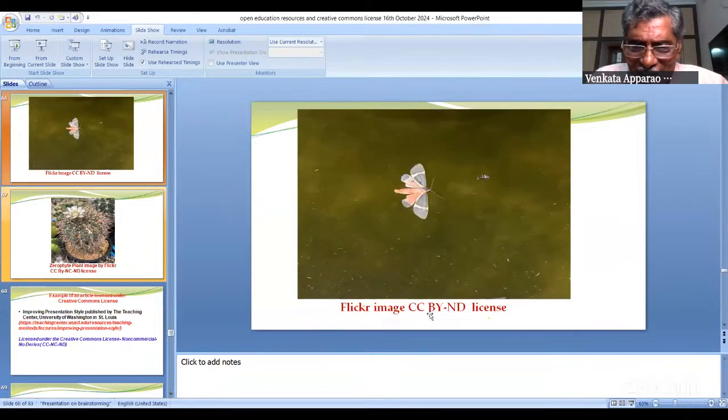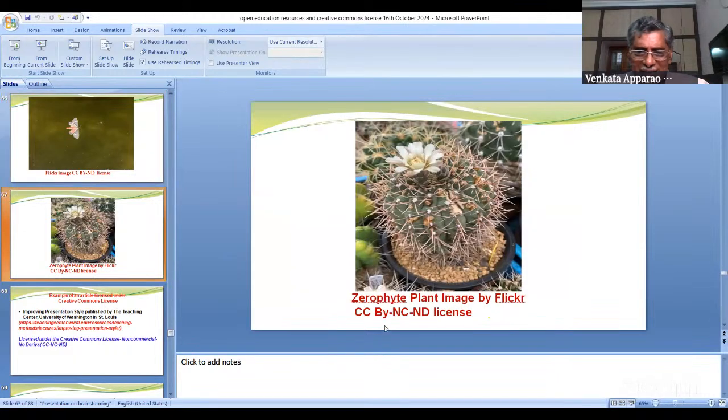That also is CC BY ND. NC is not here. You can use it for commercial purposes also, but don't change it. But here, CC BY NC ND, non-commercial, no derives.